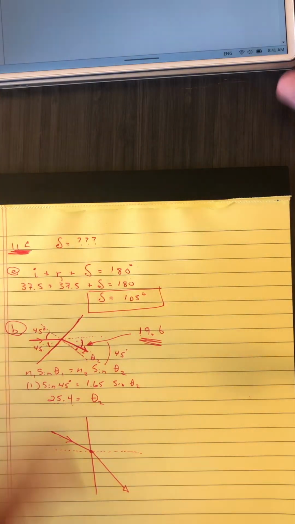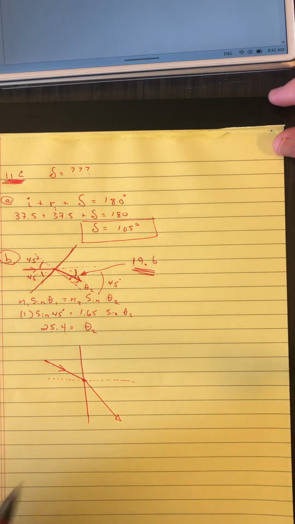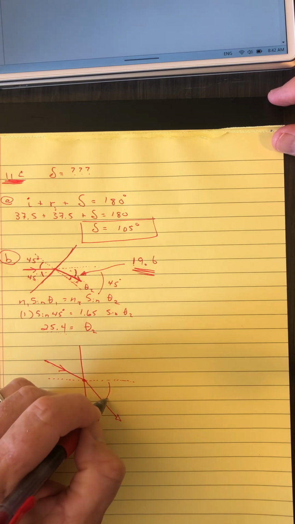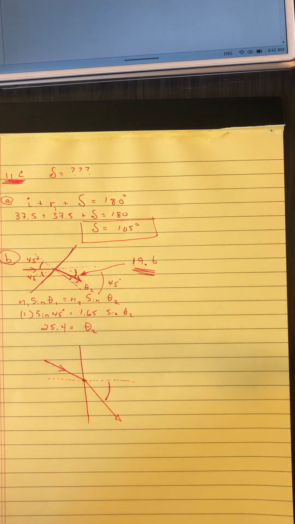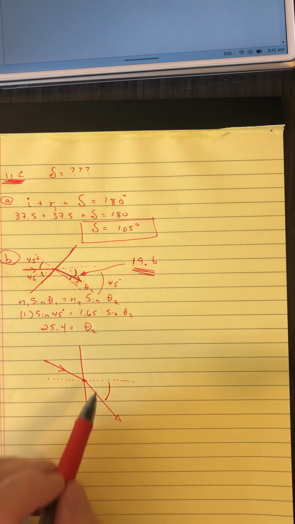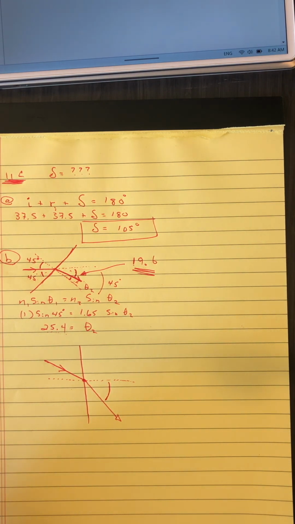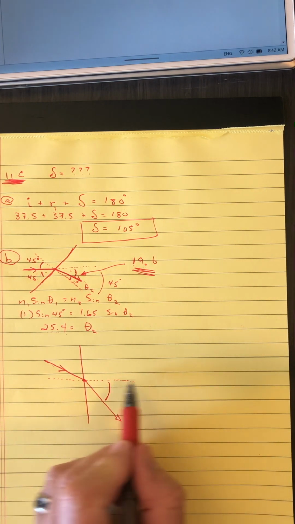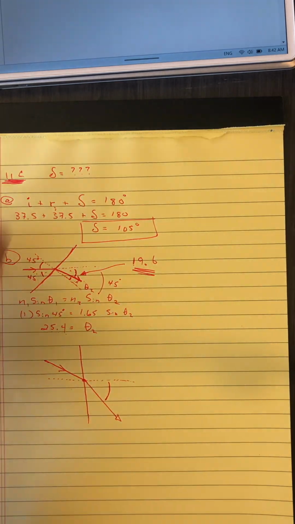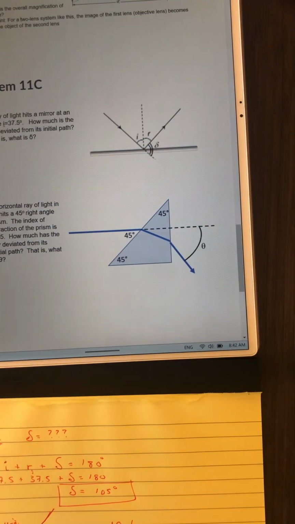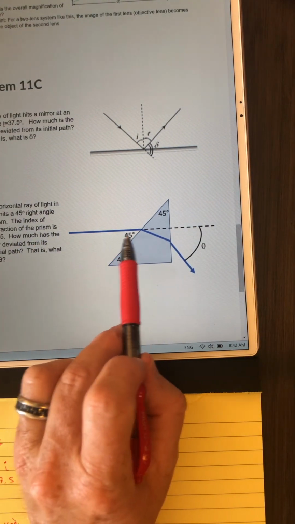And like I said, I set it up in kind of an easier fashion, because then this right here is the angle from the normal. That's what we're going to be calculating from. But it is also the angle from horizontal, which is then the deviation angle. Because remember, the original ray is coming here straight in.